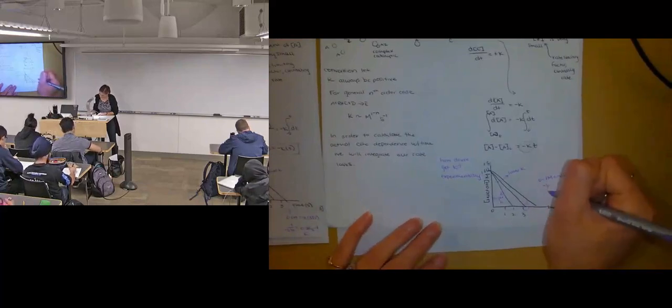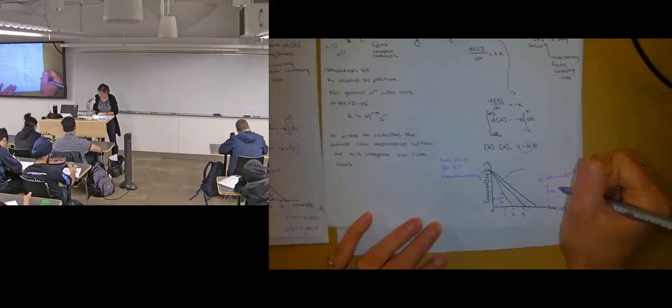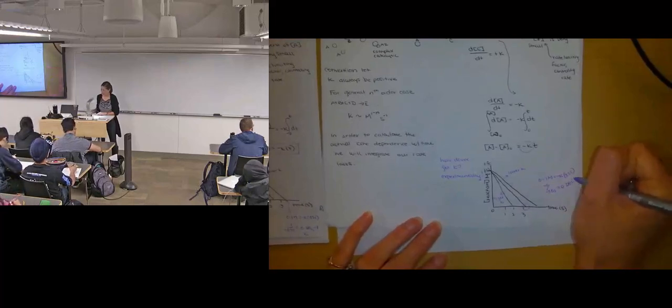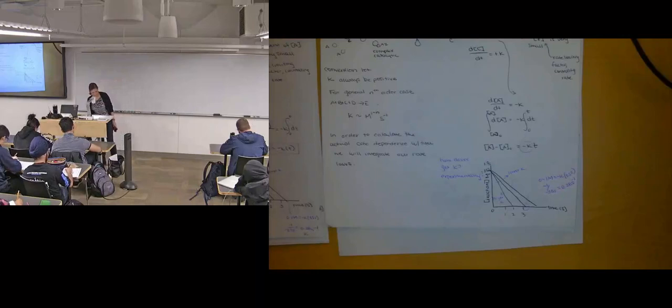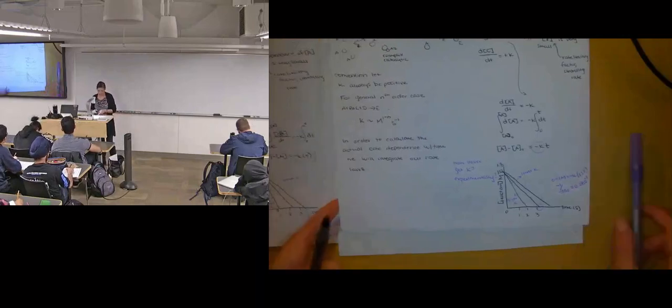Negative 1 over negative 3.5 seconds, we could get a k value of 0.28 seconds to the negative 1. So you could run this experiment, plot your data, and calculate a rate constant that way. If you see a plot of this stuff, be able to calculate it. So make sure you know how to read and interpret these plots.